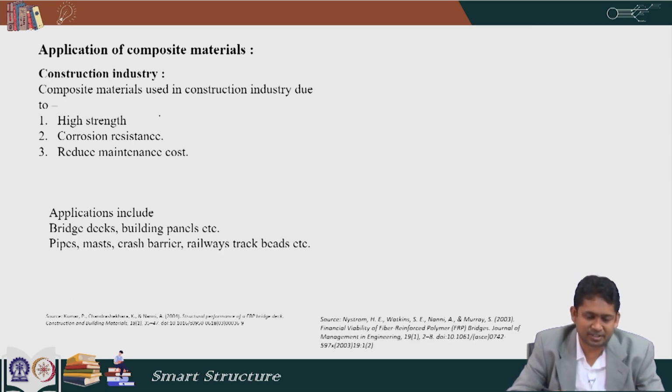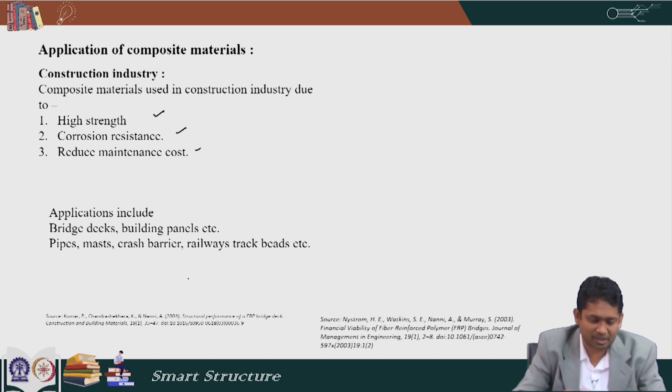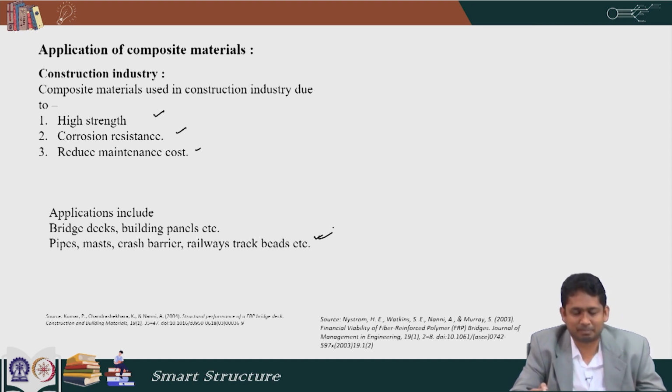In the construction industry, composite is finding rapidly growing application due to its high strength, corrosion resistance and reduced maintenance cost. Applications can include bridge decks, building panels, pipes, masts, crash barriers, railway track beds etc. have use of composites as well.